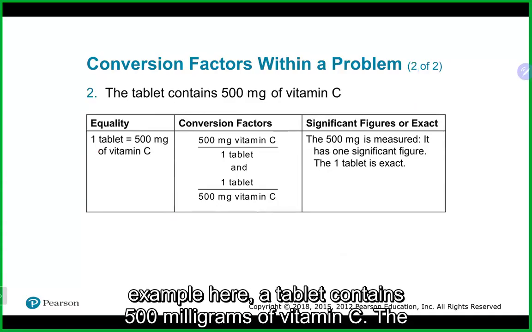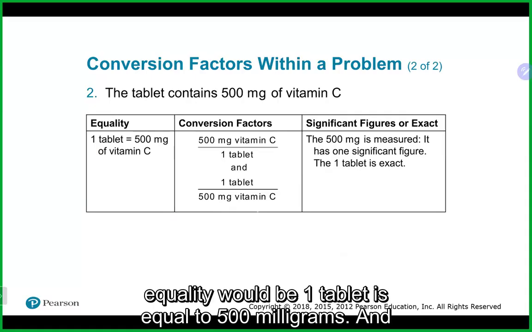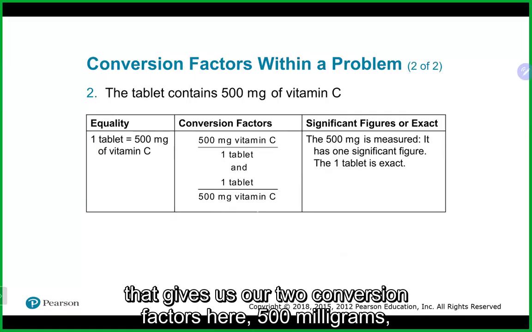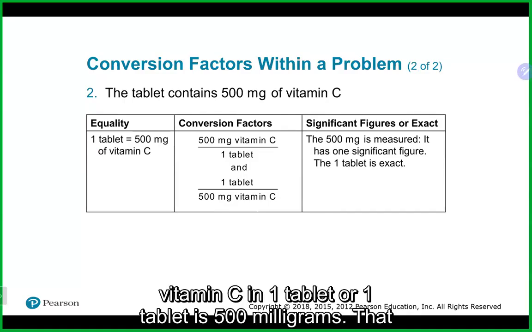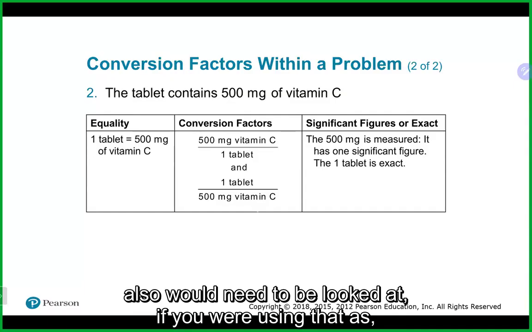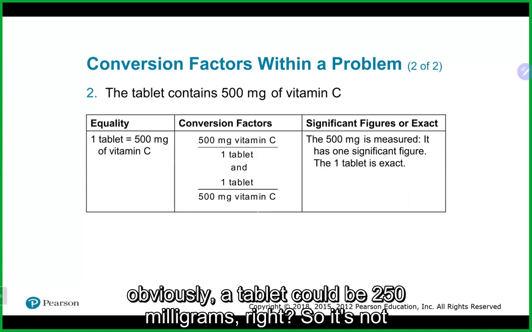Another example here, a tablet contains 500 milligrams of vitamin C. The equality would be 1 tablet is equal to 500 milligrams, and that gives us our two conversion factors here: 500 milligrams vitamin C in 1 tablet, and 1 tablet is 500 milligrams. That also would need to be looked at if you were using that, as obviously a tablet could be 250 milligrams, right?